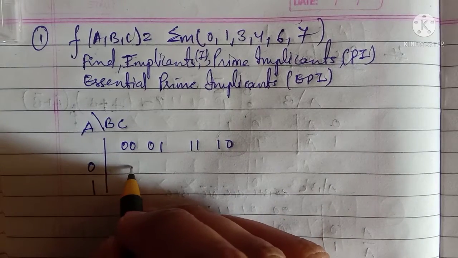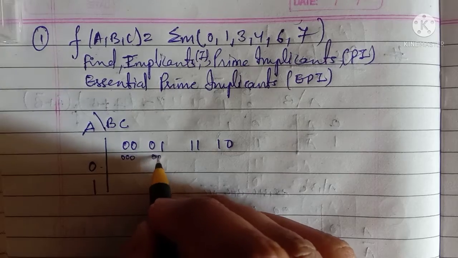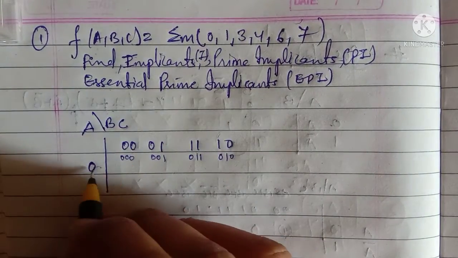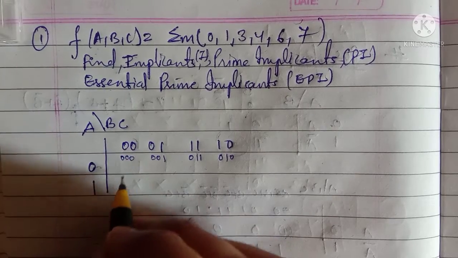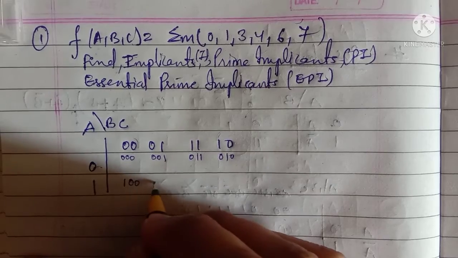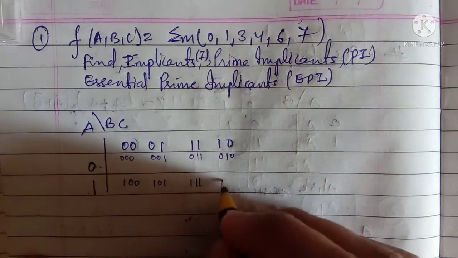I already taught you this. I am just writing the A part and the BC part: 0 1, and 00, 01, 11, 10.